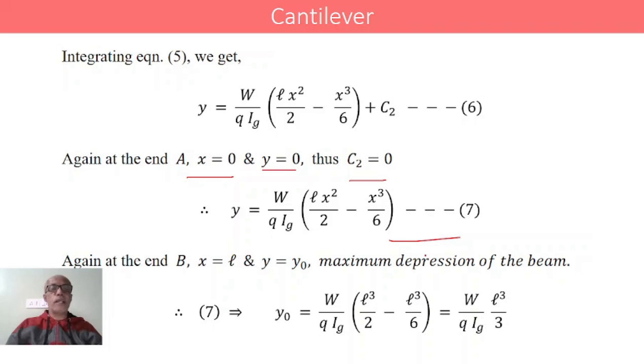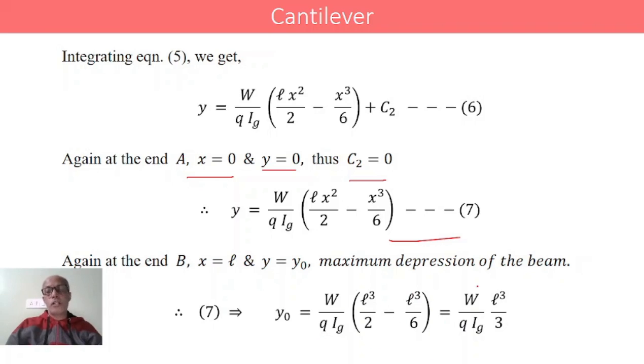Now at the end B, x becomes equal to L and y becomes equal to y naught, and that y naught is the maximum depression of the beam, or maximum bending of the beam. Therefore, equation 7 gives y naught equals W by Q Ig into (L³/2 minus L³/6).